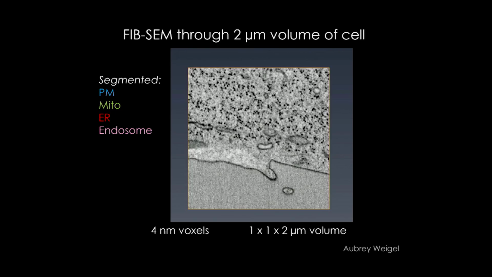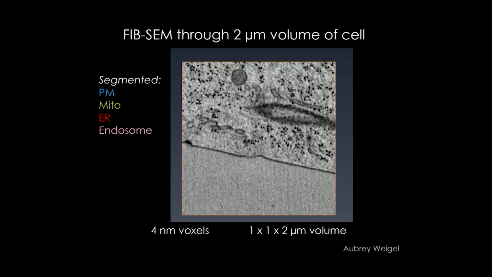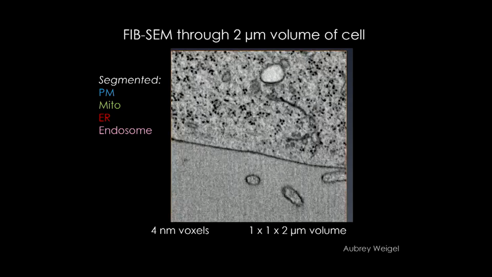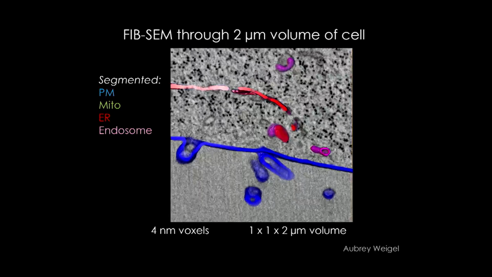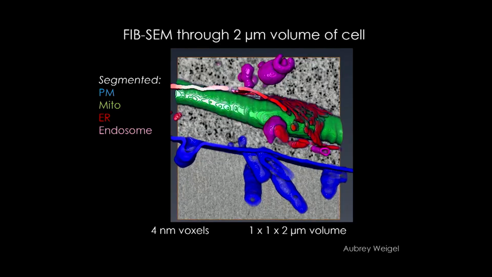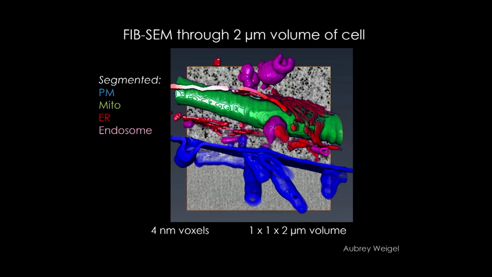Now, we've been working with Harold to look in more detail at these organelles. In this case, we're looking at plasma membrane, mitochondria, ER, endosomes that we can segment out as you mill through these slices. This is a 2-micron volume of the cell, 4 nanometer voxels, and you can color code each of these different organelles to see how they're arranged relative to each other.